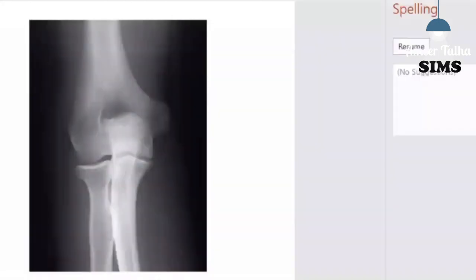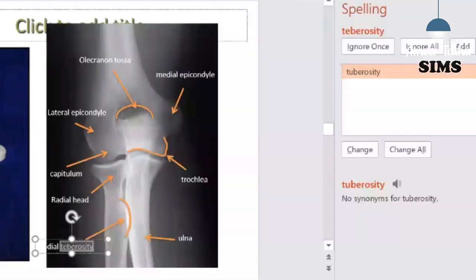This is the anterior aspect shown here at this point. This is the lateral supracondylar ridge, the medial supracondylar ridge, the medial epicondyle, lateral epicondyle, head of the radius, and this is the olecranon process, and this is the coronoid process of the ulna.